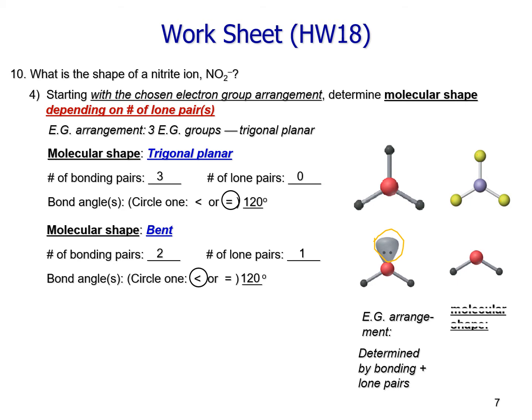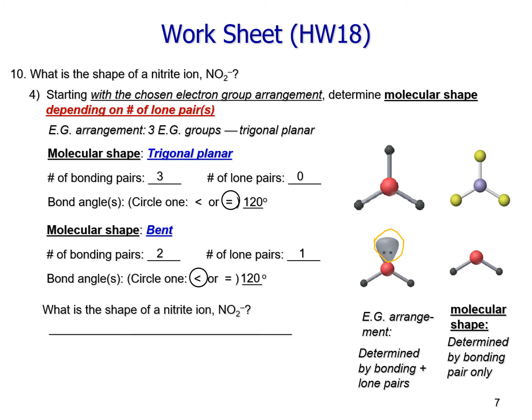As for molecular shape, it can be determined only by the bonding pairs, or the surrounding atoms, because when we talk about molecular shape, we describe the spatial arrangement of those bonding atoms. In other words, bonding pairs. Again, determine the electron group arrangement first, then we talk about molecular shape.